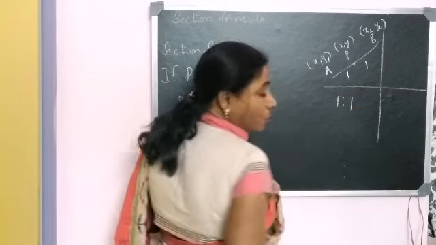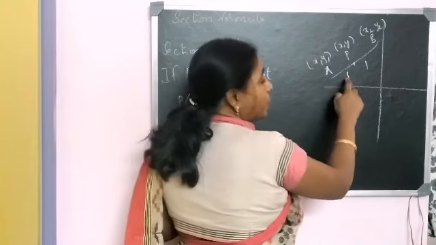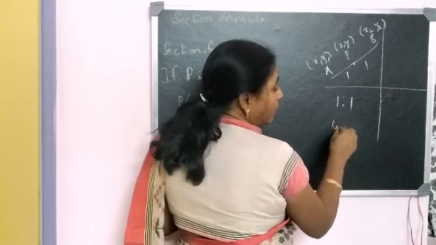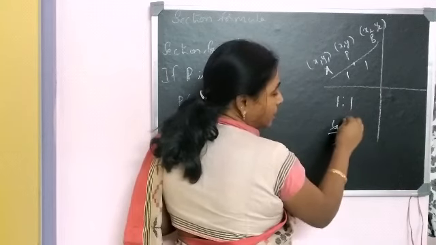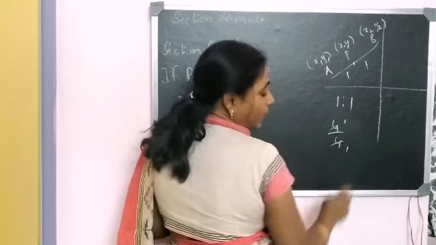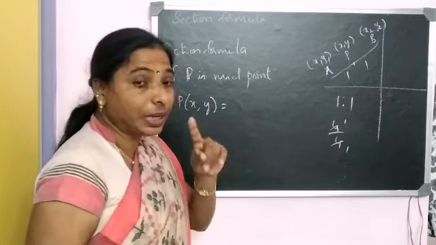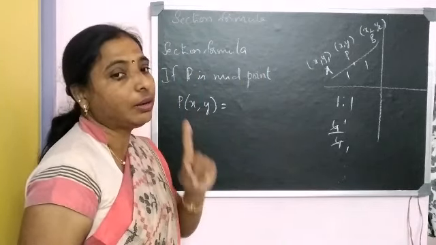If this is 4 centimeter and this is 4 centimeter, 4 by 4, how much? 1s are 1s. Therefore, it is 1:1. That means m1 and m2 here are 1 and 1.